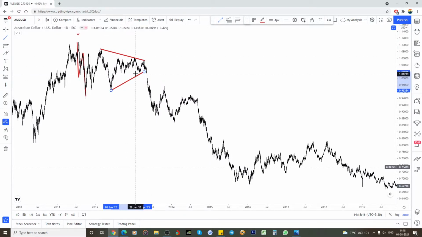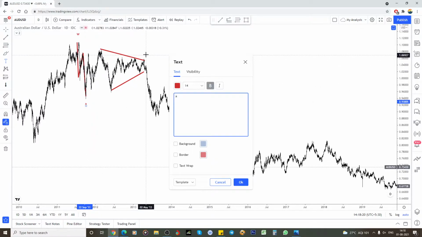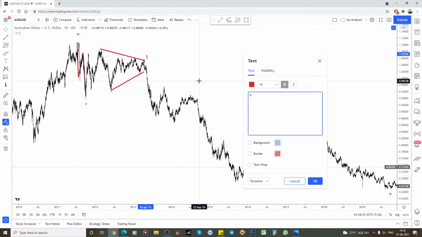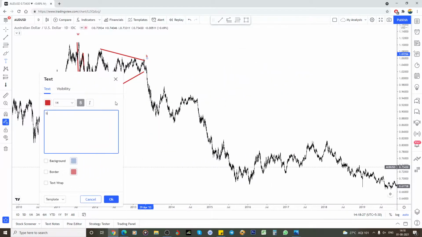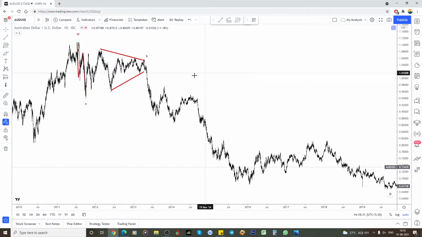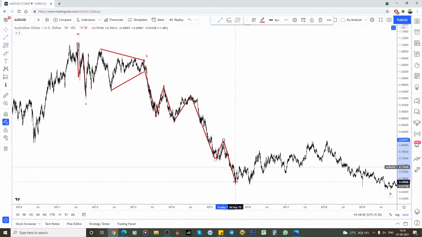So here the wave is completed. So this could be an A, this could be a B, and C consists of a 5-wave structure. So the 5-wave structure ended here. It looks like we can go for this wave 1, wave 2. Or either this is an intermediate wave 1, 2, 3, 4, 5 ended.